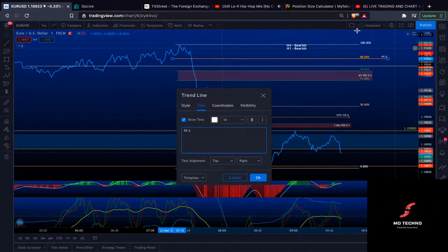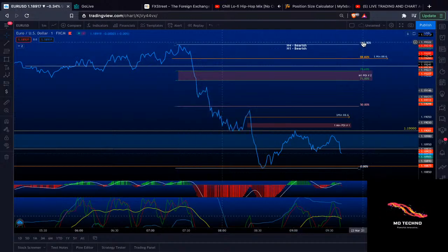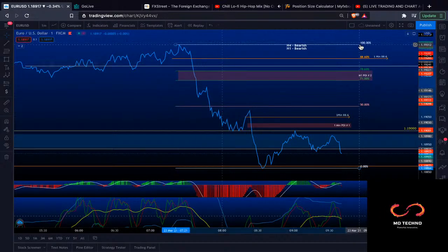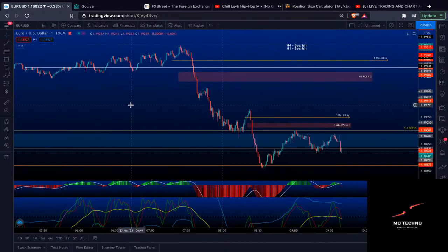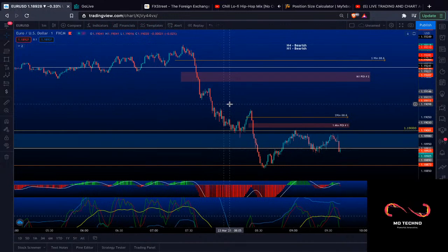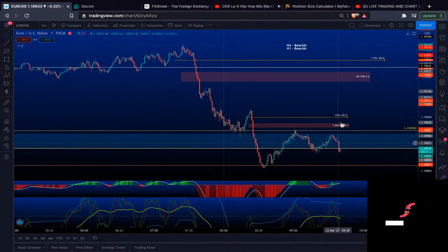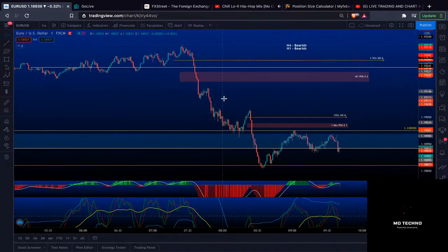I'm just doing the same thing over and over again on the 1 minute. We just leave price action from here, really we leave price action to do what it wants. If it's going to come up here, then it might reverse. If it's gonna come up here, then it might reverse. If not, then we're wrong.